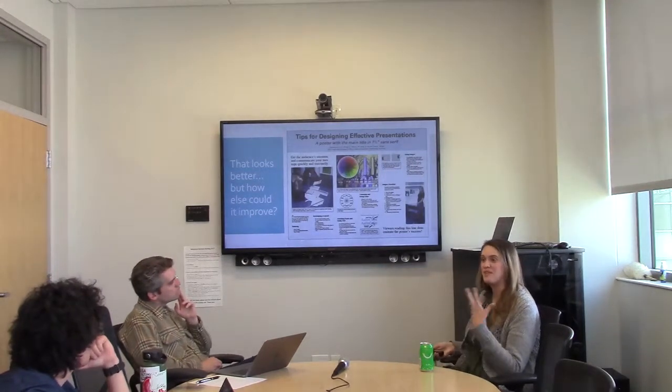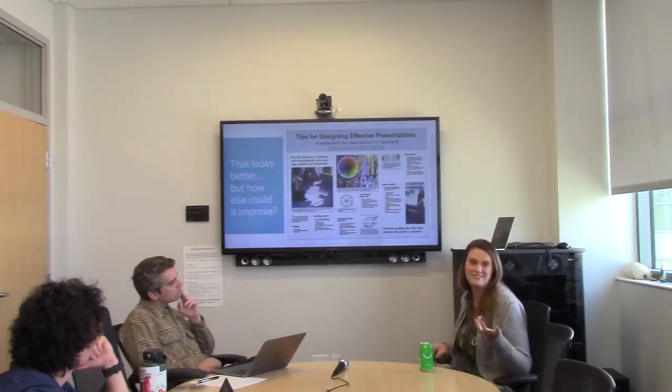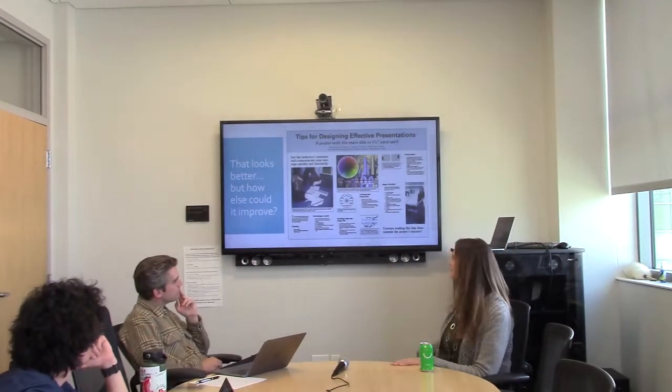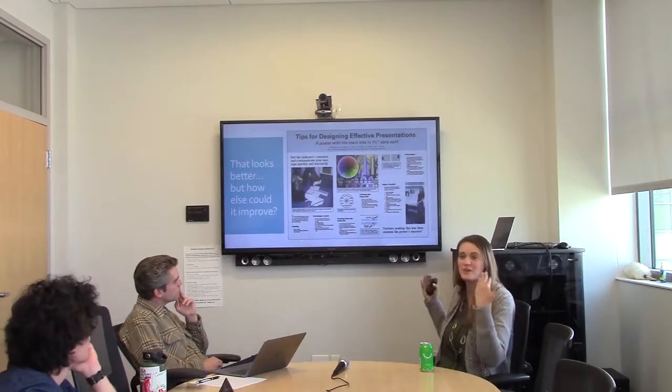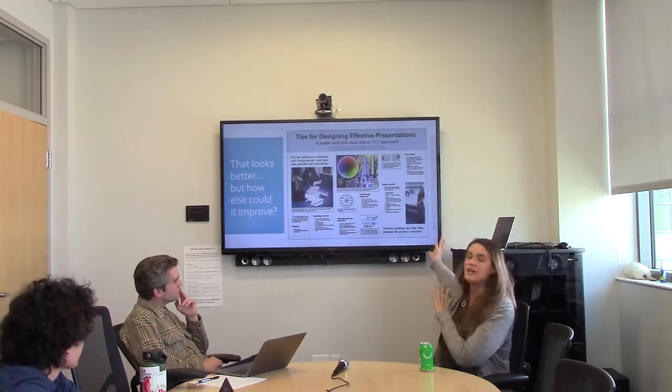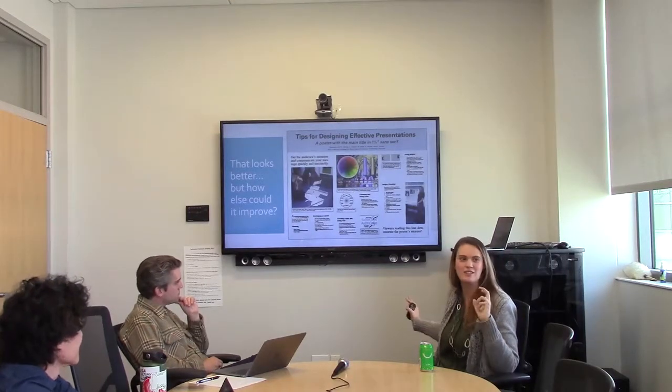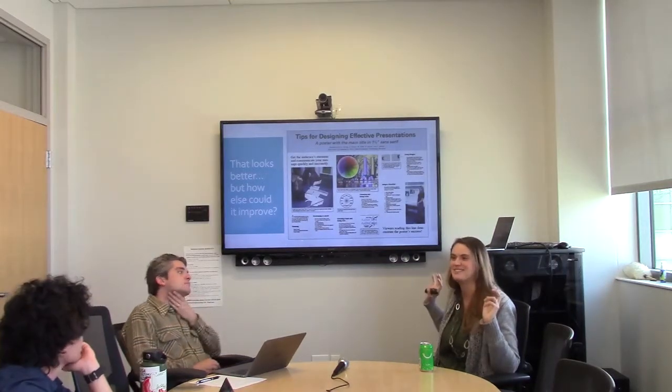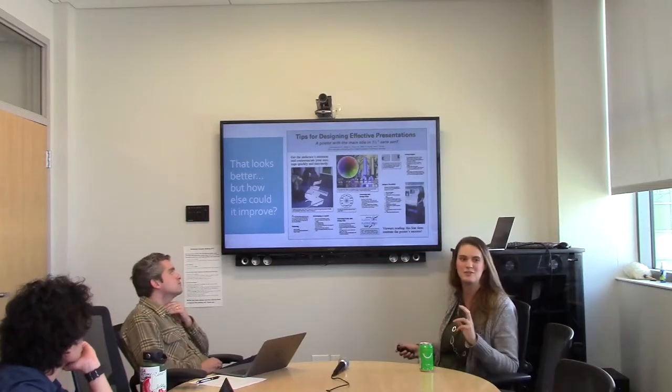Lots of good thoughts about things that could be done to make this poster a little bit stronger. But definitely, compared to the other poster, which had its problems, this one, okay, we can at least process this. Even if it isn't always a totally seamless, pleasant experience, we can make sense of this poster.